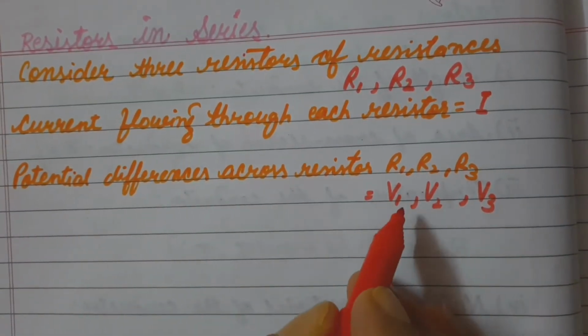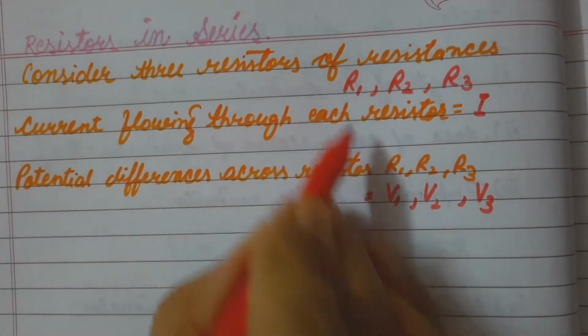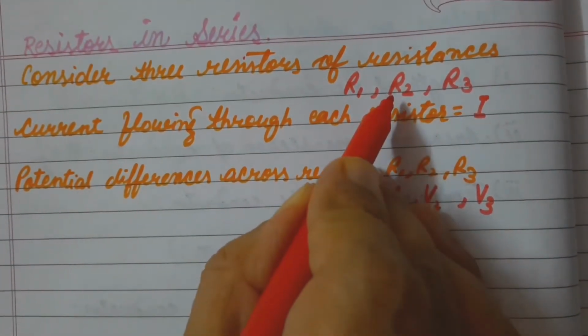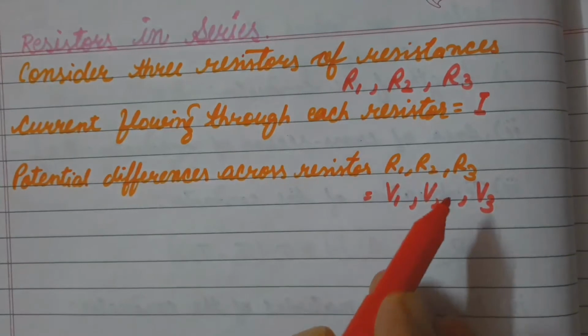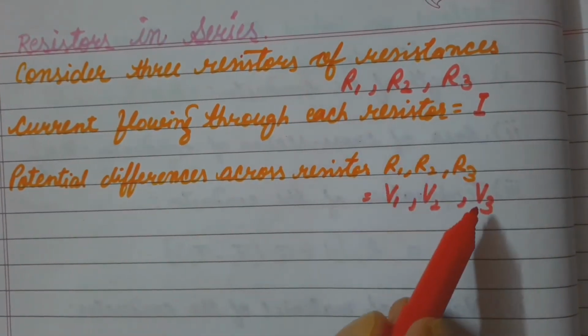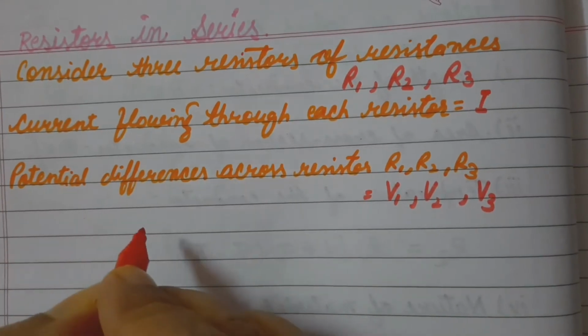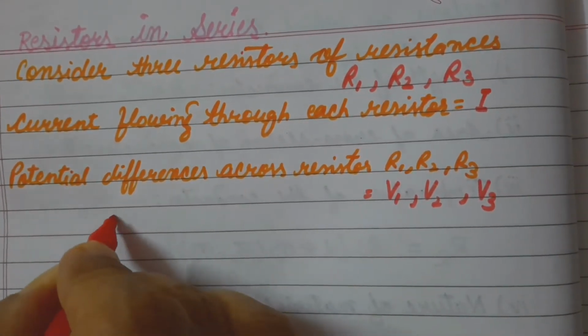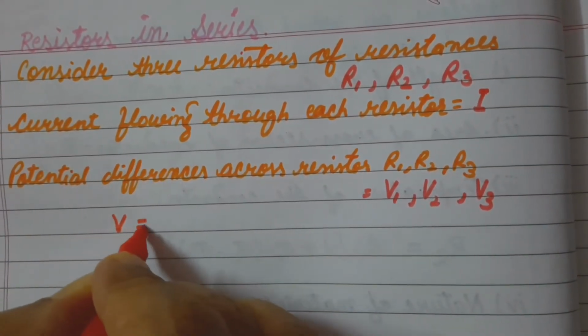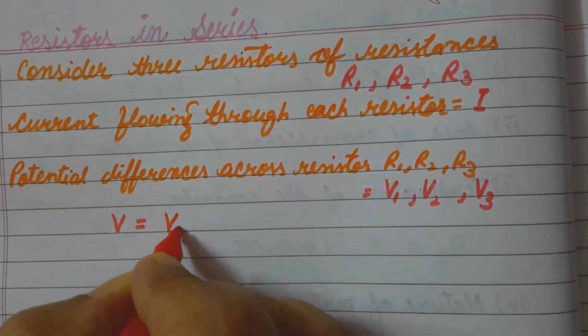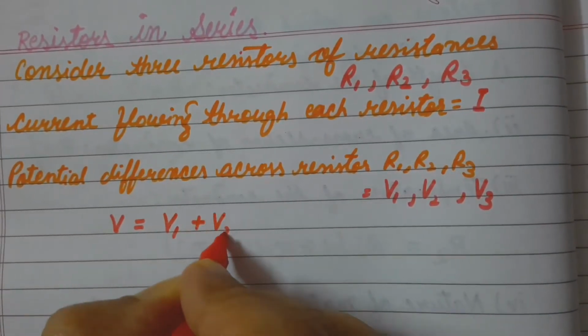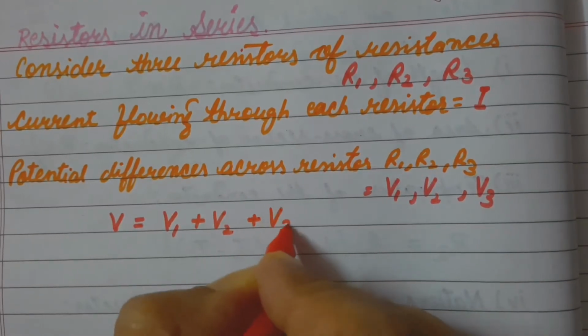What does it mean? Potential difference across R1 is V1, across resistor R2 is V2 and across resistor R3 is V3. Now, total potential difference in the series circuit can be represented by V, which can be calculated by adding V1 plus V2 plus V3.